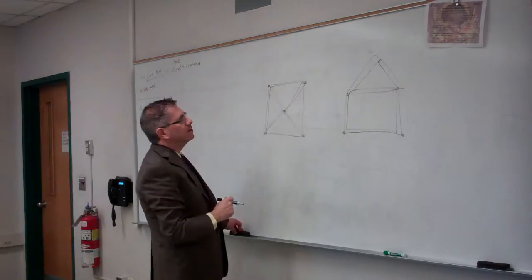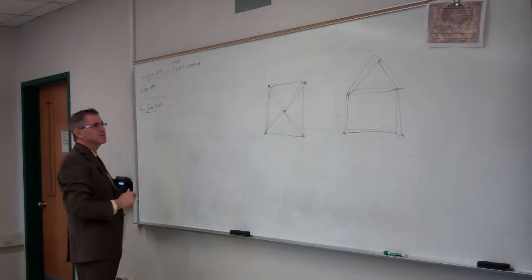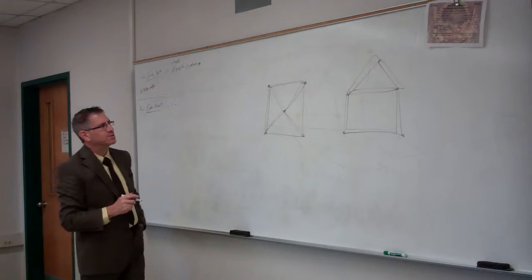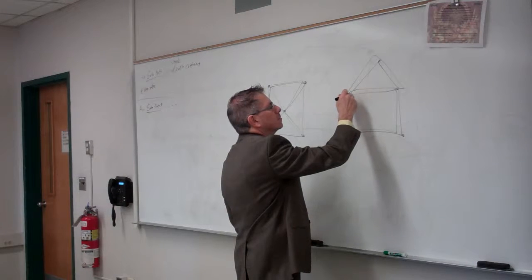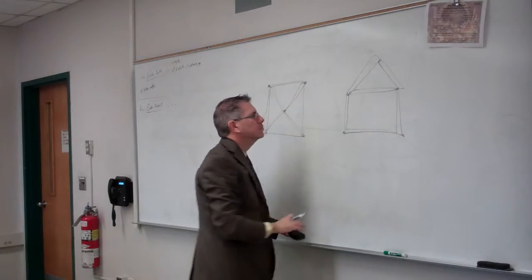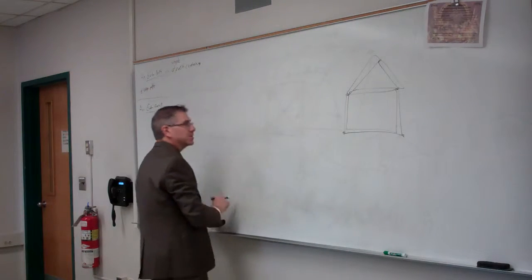You could hit vertices more than once? You can hit vertices more than once, but edges exactly once. I don't think there's an Euler circuit for this. But again, it's hard to prove in general that it's not there.